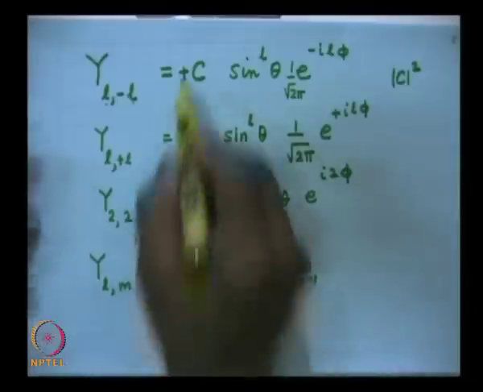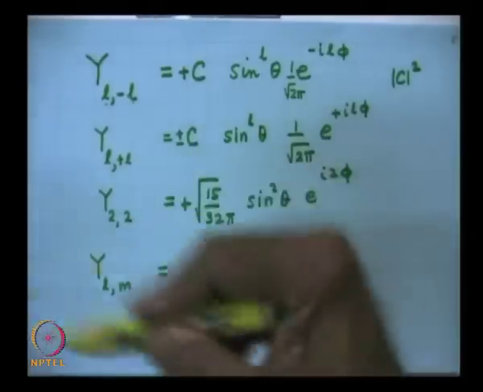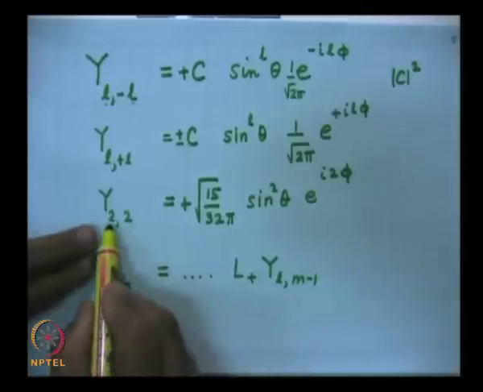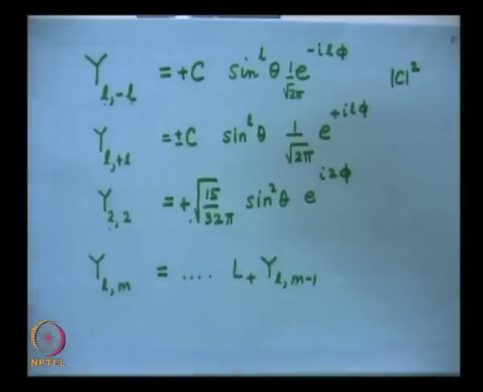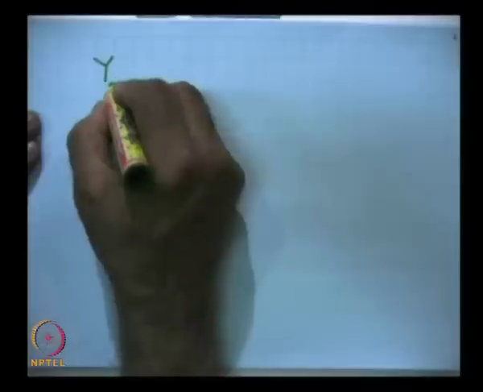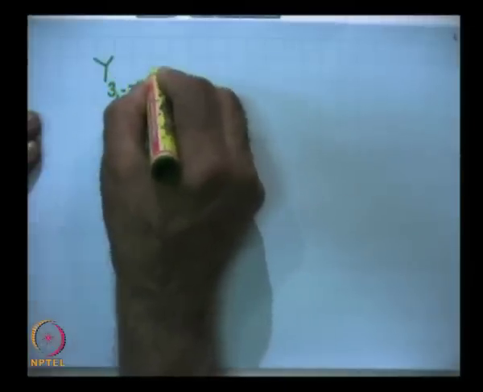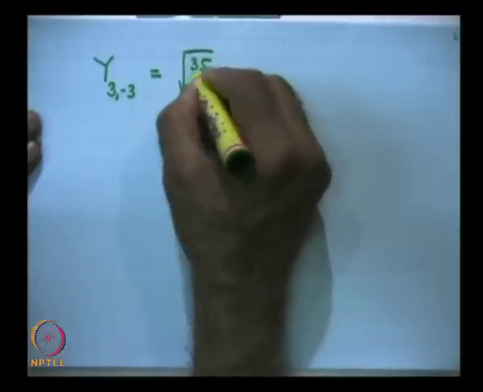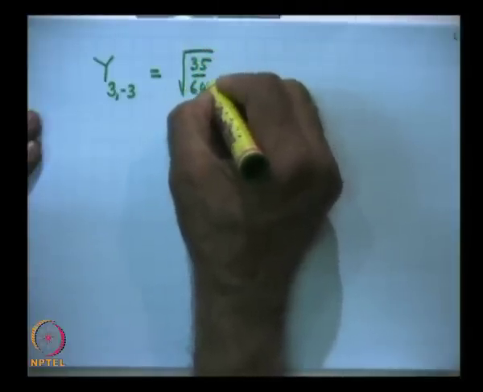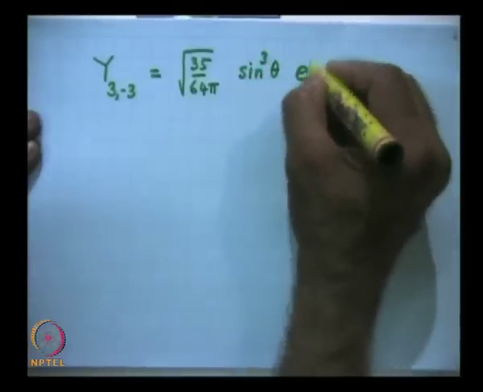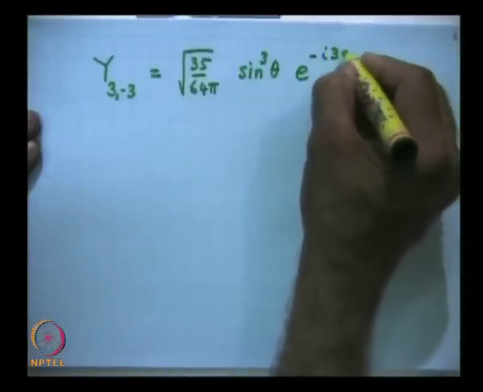And then once the sign is fixed, you can keep on calculating the spherical harmonics, and if L is 2, you will obtain a plus sign here. However, if L is 3, then one can show that Y 3 minus 3 is equal to 35 by 64 pi sine cube of theta e to the power of minus i 3 phi.